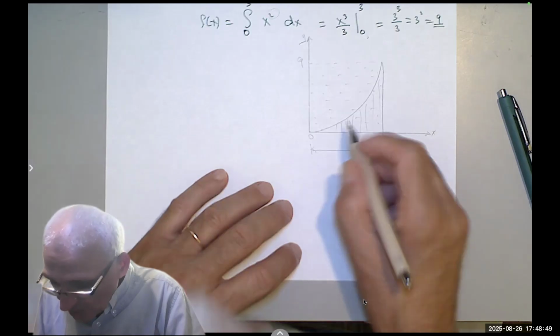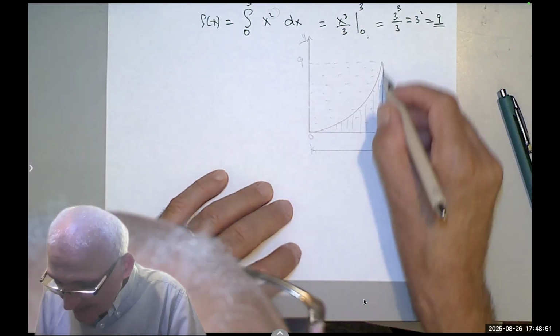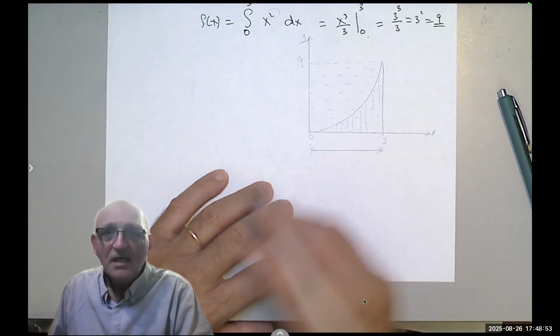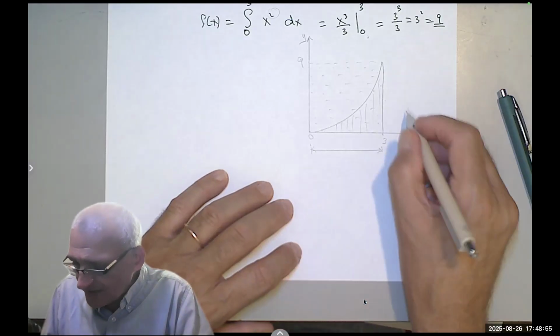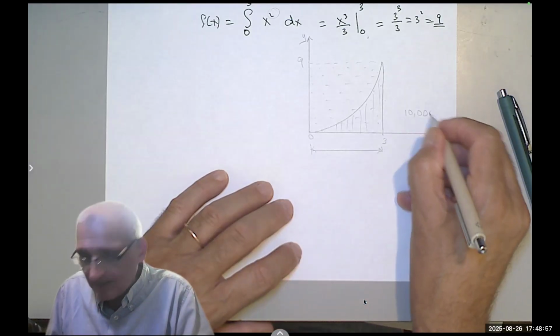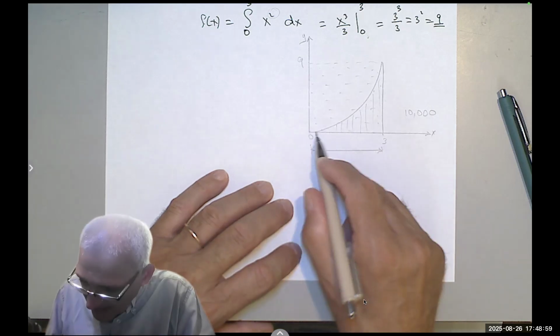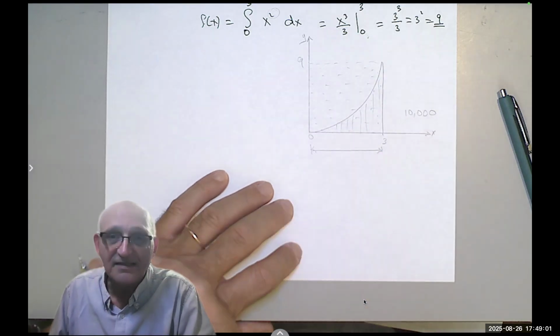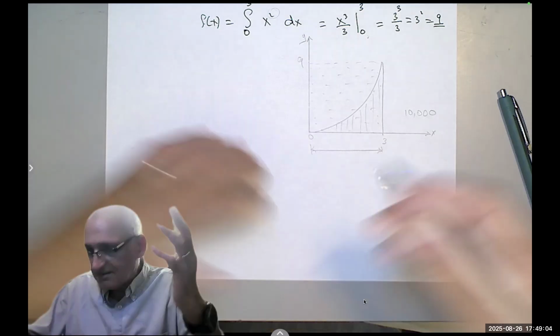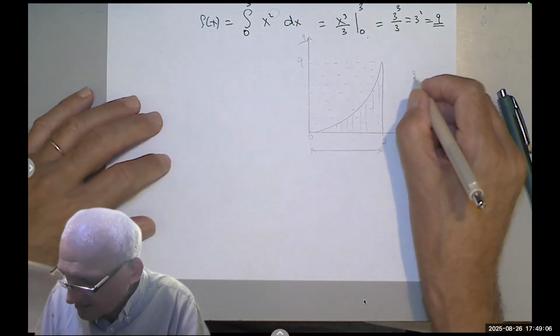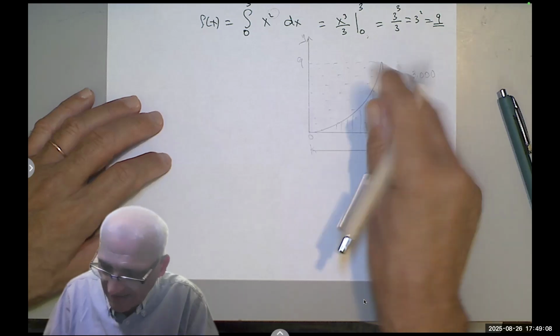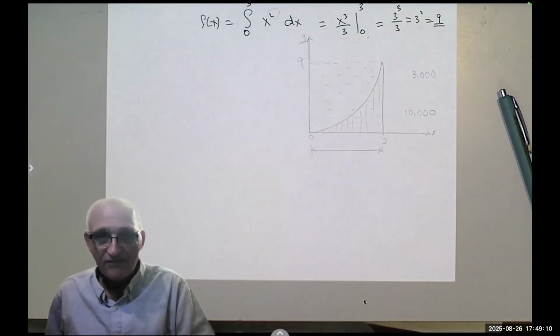I'm only going to count those below this line. So if I say generate 10,000 points or 100,000 points, I will see how many are below that. And let's say I get, for example, 3,000 below the line and 7,000 above.